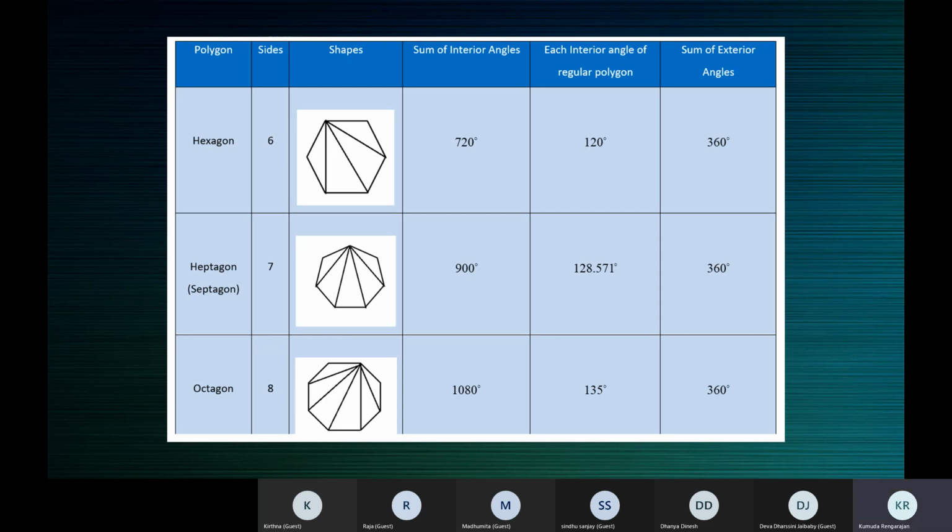But it has many more diagonals. We have just used those diagonals which will divide the figure into triangles. You don't see all the diagonals.